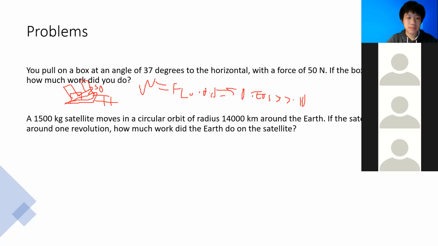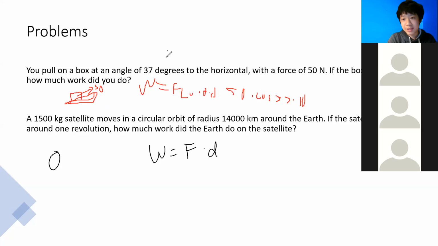Okay? Now for the second problem, the answer is 0. So first of all, let me present to you an incorrect solution. When you first look at this problem, you might think, hey, work is given by force times displacement.